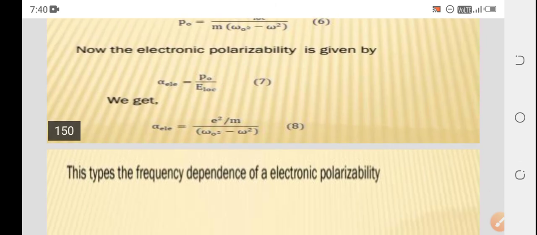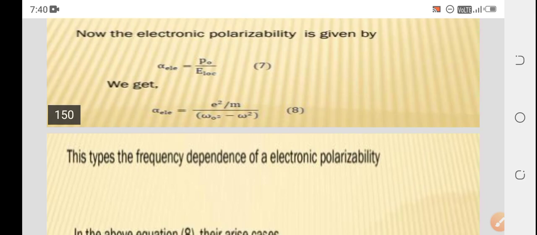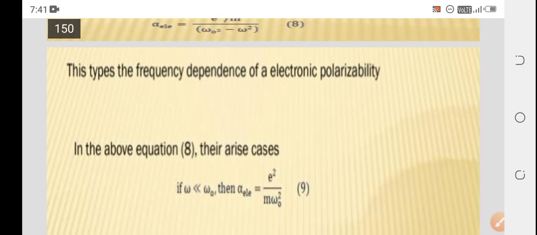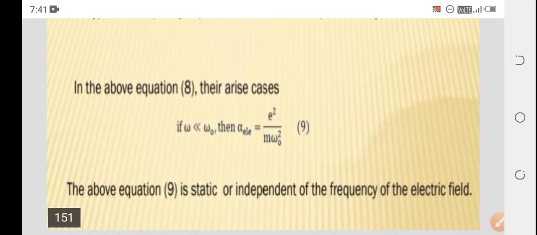We get alpha electronic equal to e square by m into omega naught square minus omega square, which we take as equation 8. This is the frequency dependent electronic polarizability. In equation 8, a case arises where omega is very much less than omega naught. Therefore alpha electronic is equal to e square by m omega naught square, which we take as equation 9.